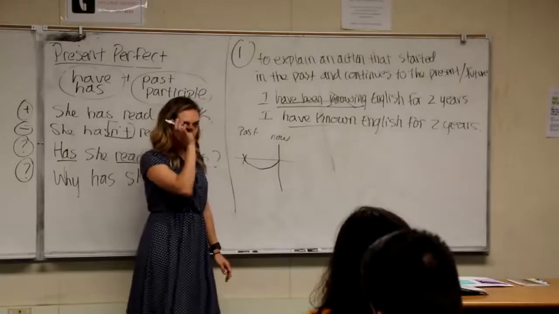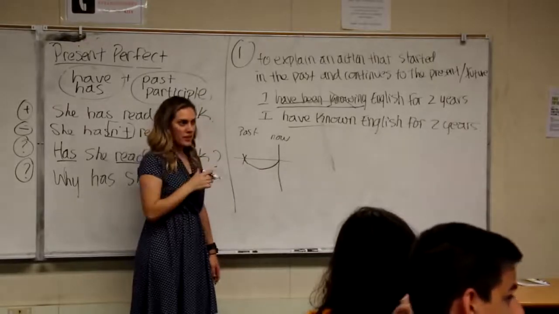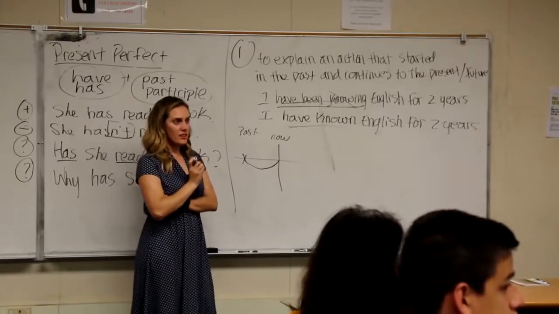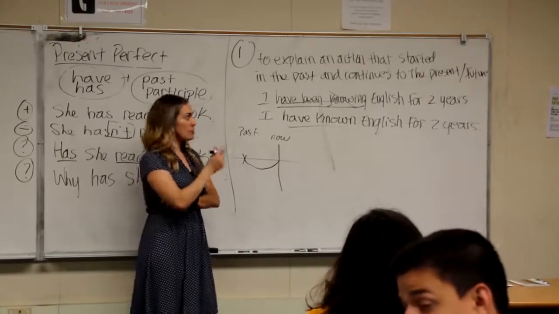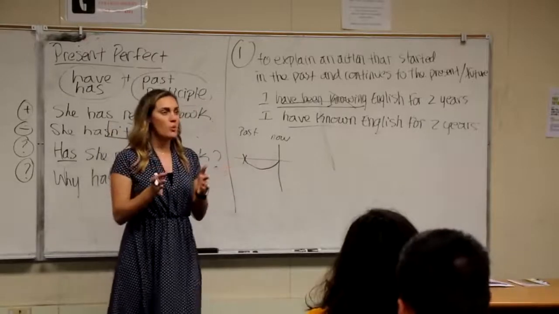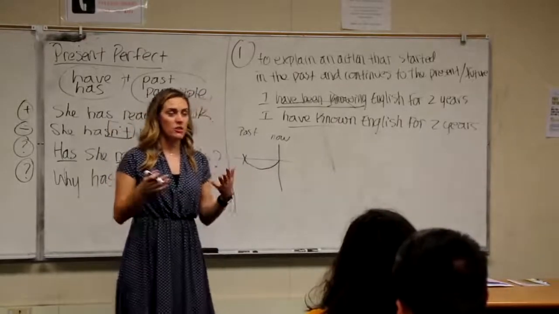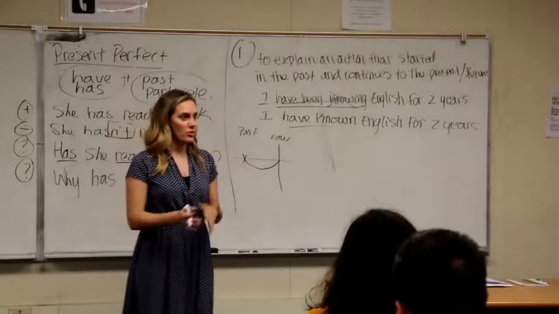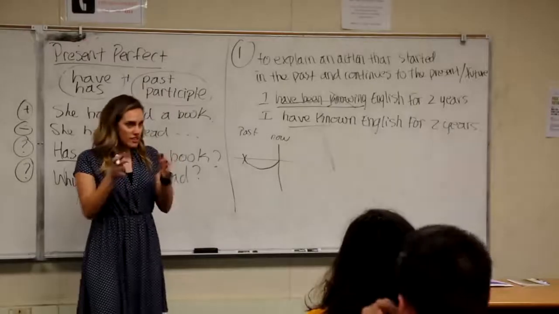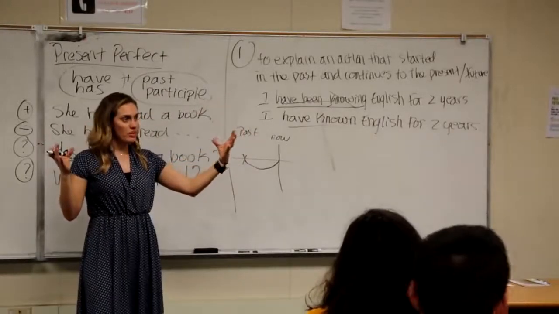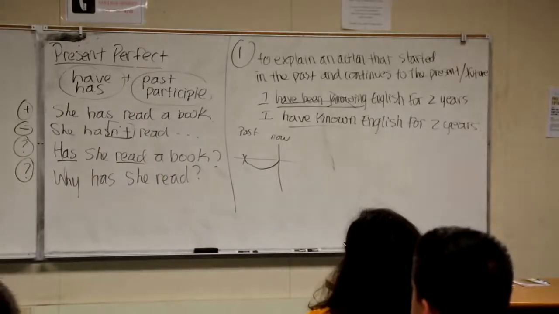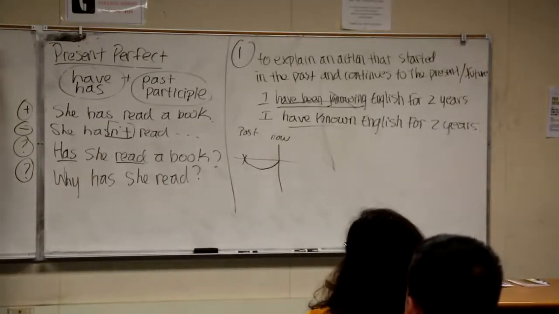For an action verb, how can we decide whether to use the present perfect or the present perfect progressive? For an action verb, like run or live or read, I always tell my students, if you're focusing on how long something has happened, you should use the present perfect progressive.